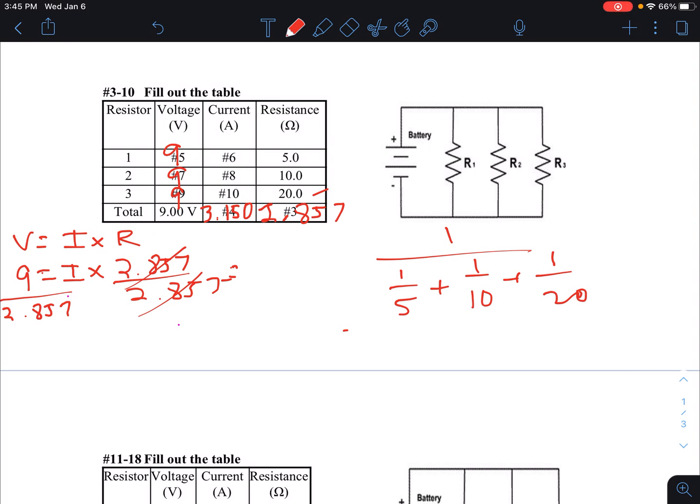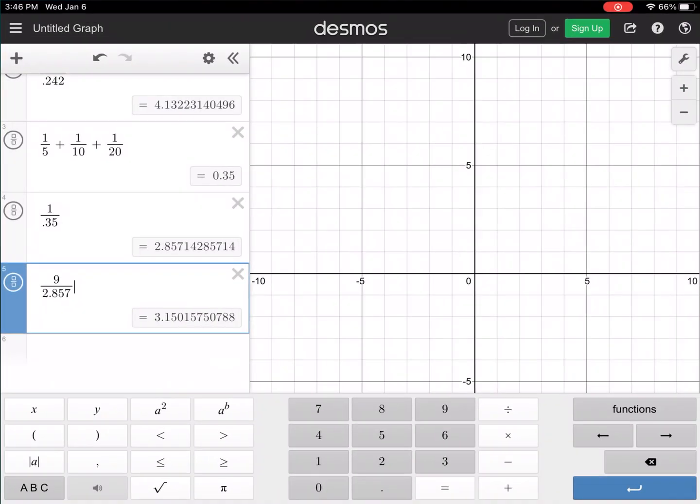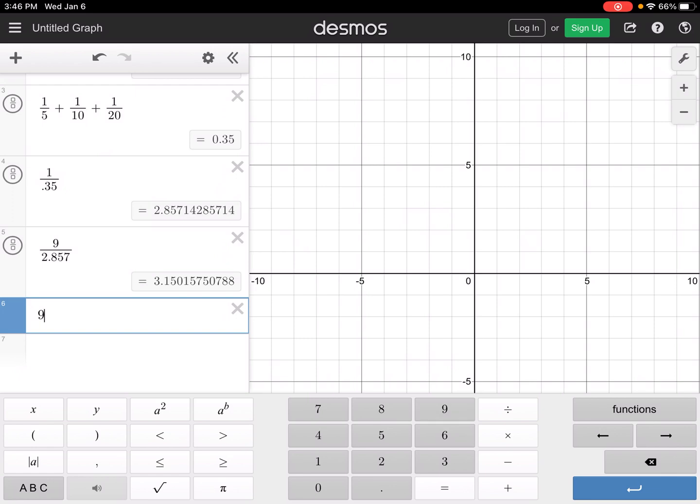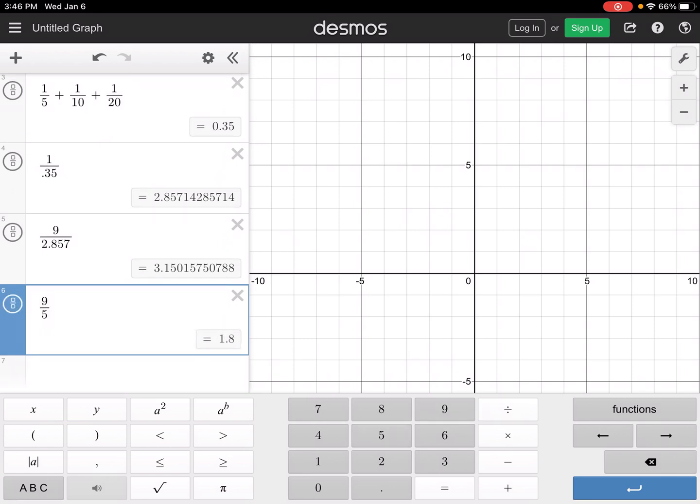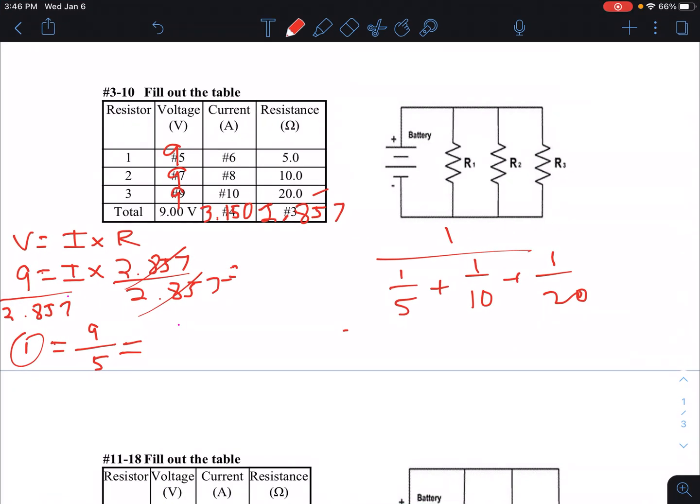The same way that we did it in the previous problem, we did 9 divided by 2.857, the voltage divided by the resistance to get the current. So for position number 1, we're going to do again the voltage divided by the resistance. In this case, 9 divided by 5 gives us 1.8. And that's going to go right here, 1.8.